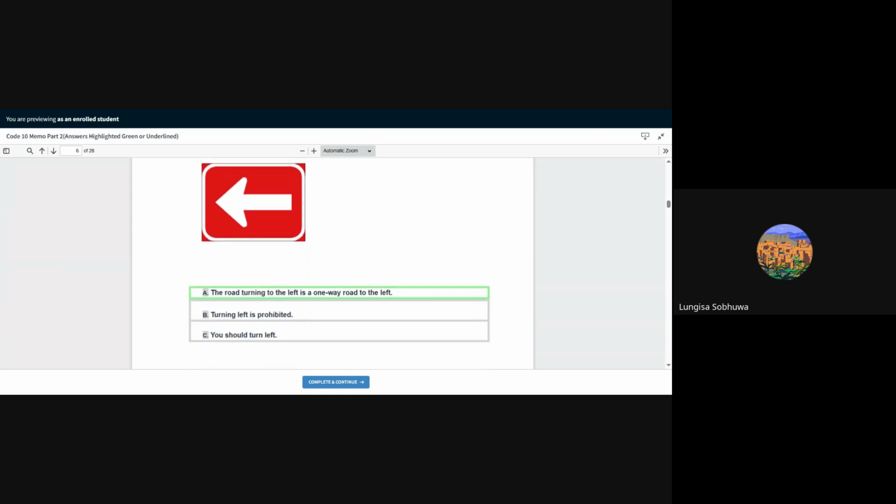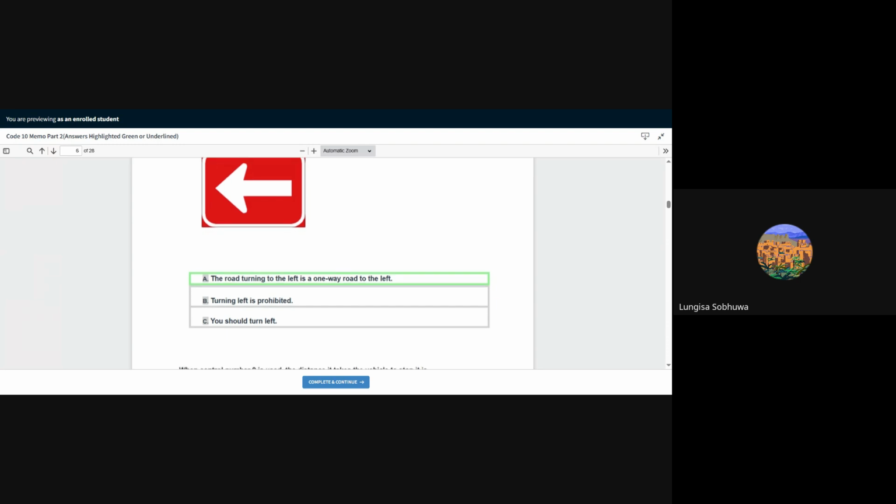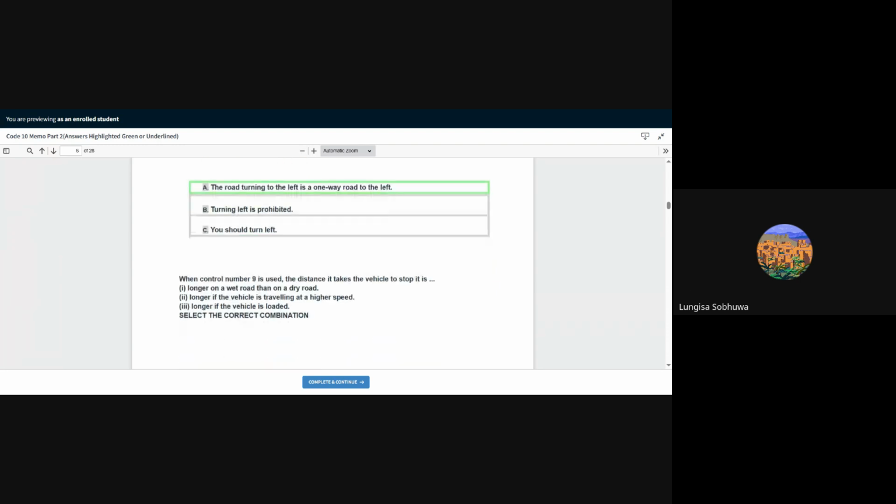Option A says the road turning to the left is a one-way road. B, turning left is prohibited. C says you should not turn left. So the correct answer there is A, right? A says the road turning to the left is a one-way road, and we keep moving.